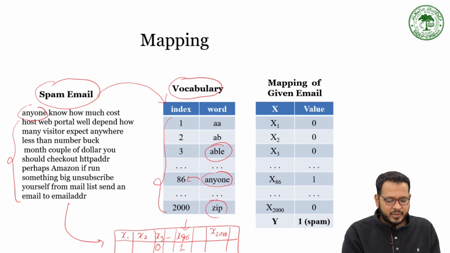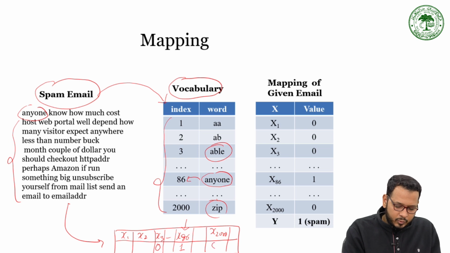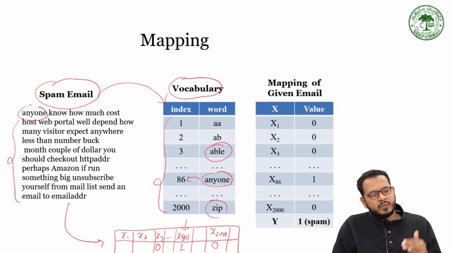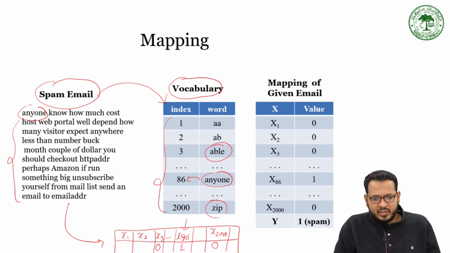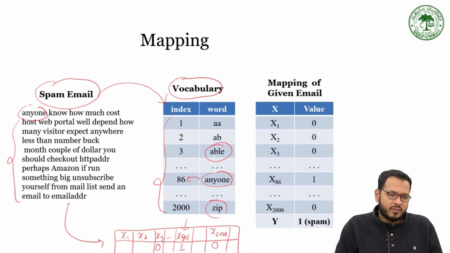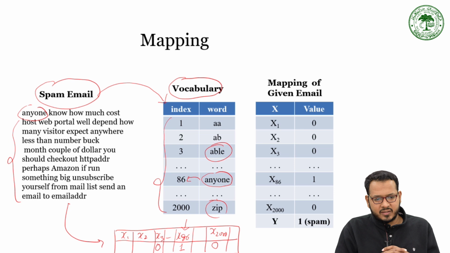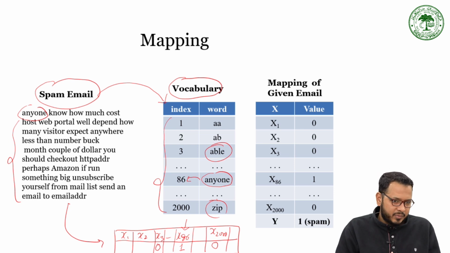The same happens with zip: it does not appear in this email, so the corresponding entry is going to be 0. So we take each word of the email and compare it with the vocabulary. If it is available in the vocabulary, we mark the corresponding entry in the table as 1. Otherwise, we mark the entry as 0. 0 represents absence, 1 represents presence.